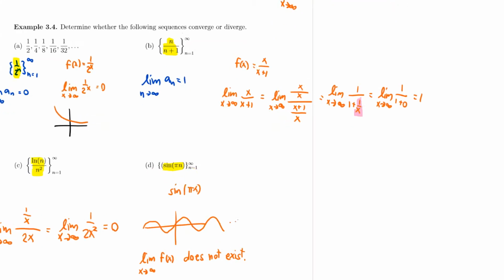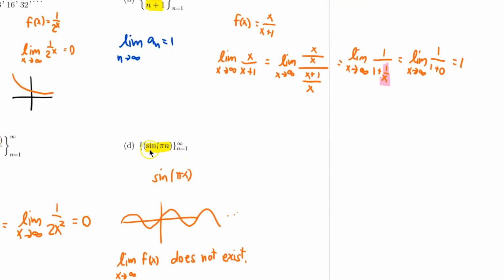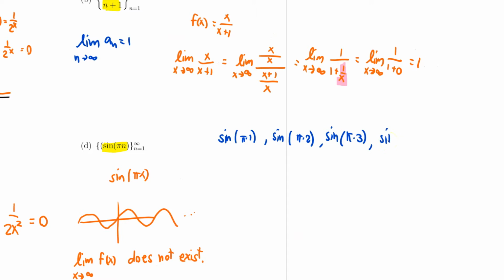If I plug in several values of n, the sequence is just sine of pi times 1, sine of pi times 2, sine of pi times 3, sine of pi times 4, and so on.